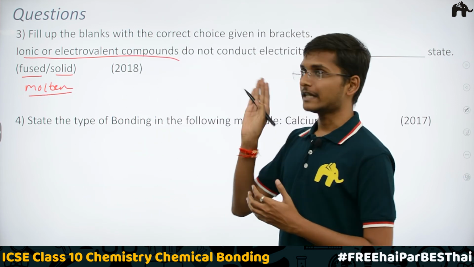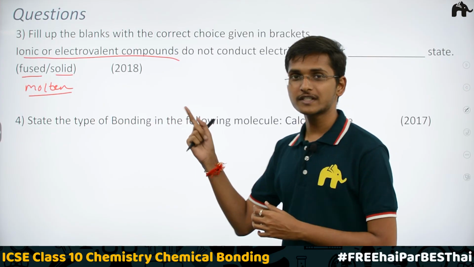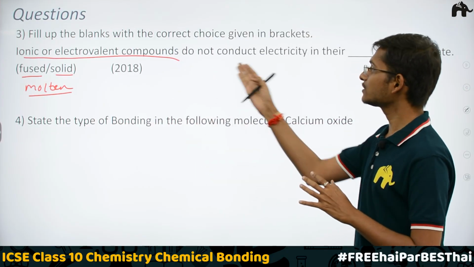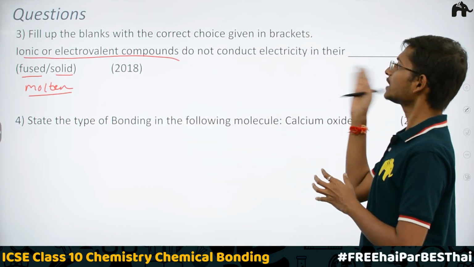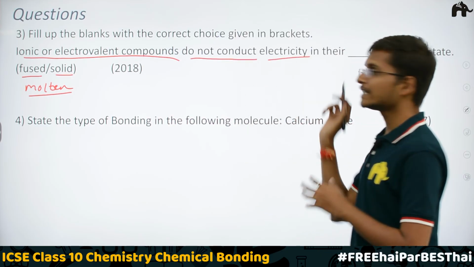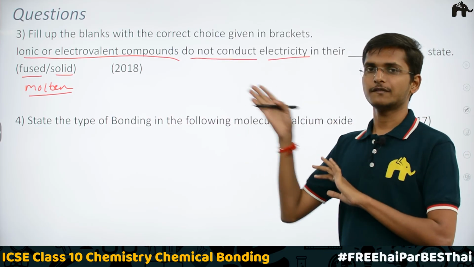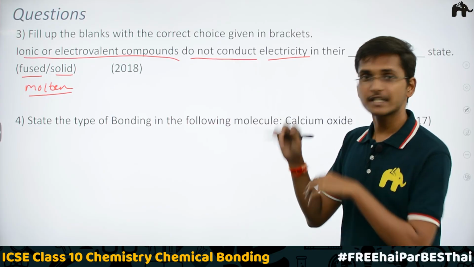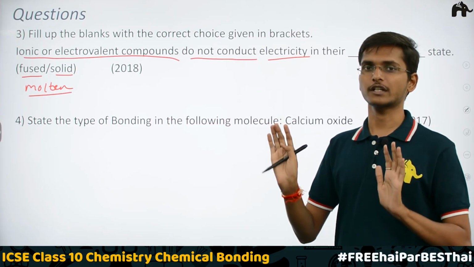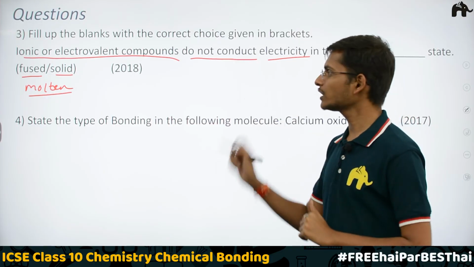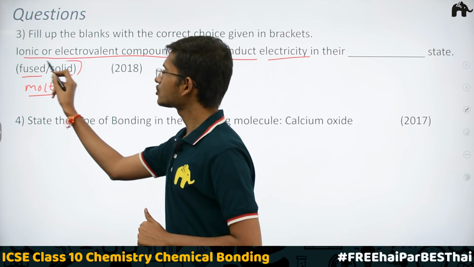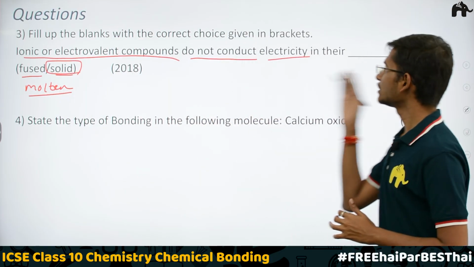We have studied that in solid state they don't conduct electricity. They are asking in which state ionic compounds do not conduct electricity. We know in fused state or molten state and in aqueous state they conduct electricity, but in solid state they don't conduct electricity. And why? We have already seen it. So the answer here is solid state.